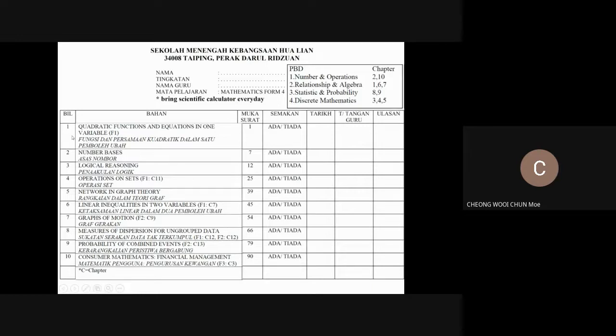For chapter 1, we have chapter 1 until chapter 10 in total. Chapter 1, you already learned partially in Form 1, the basics. Quadratic functions and equations in one variable.